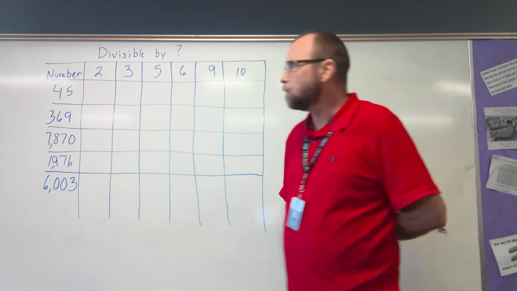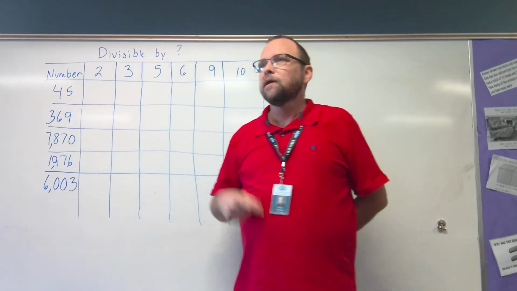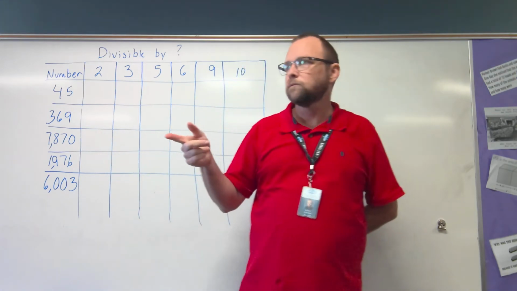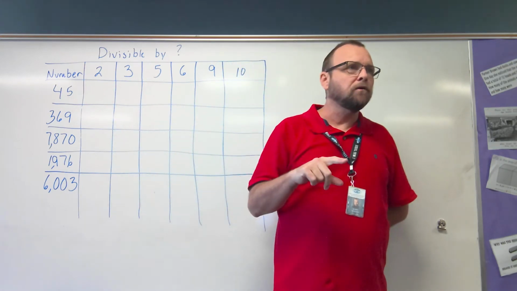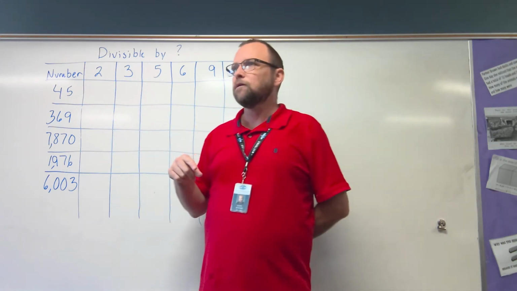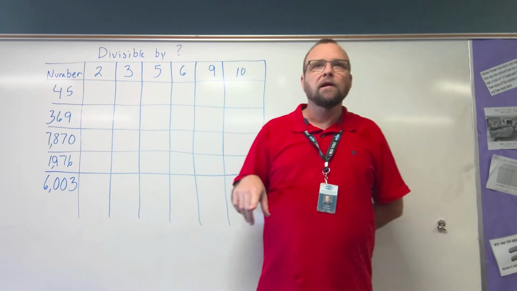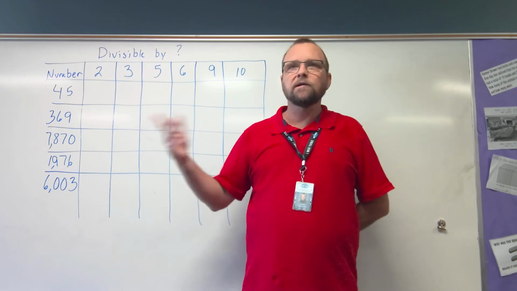Good. If I look at the last number, the ones place, and it is an even number, 2, 4, 6, 8, 0, then that number is divisible by 2. It's not the last number in general, but only the ones place.